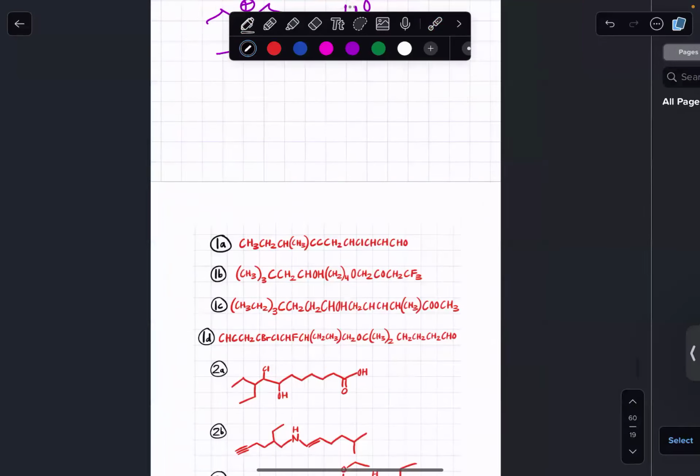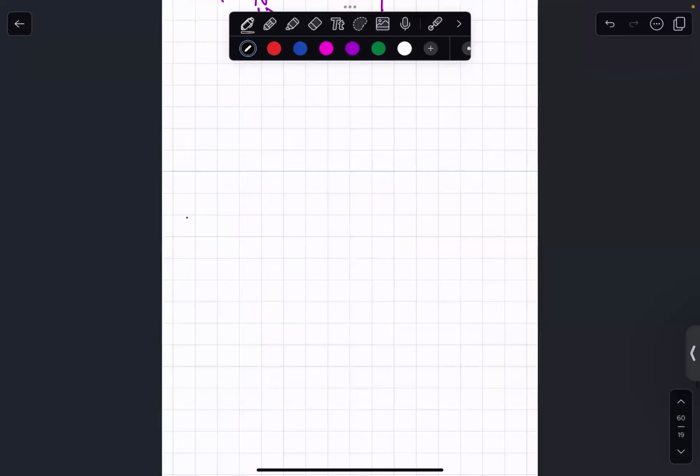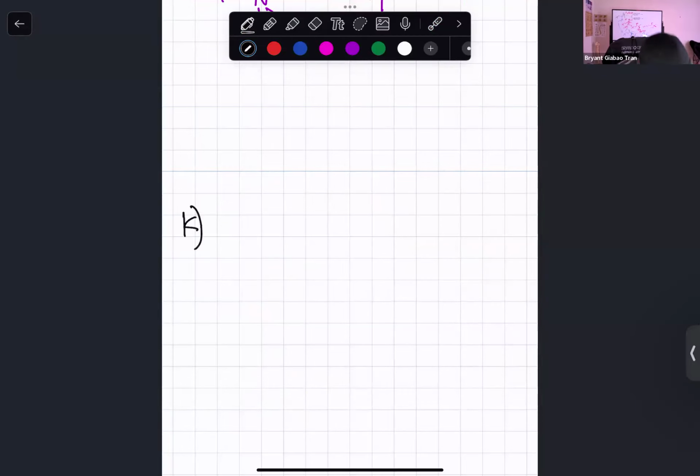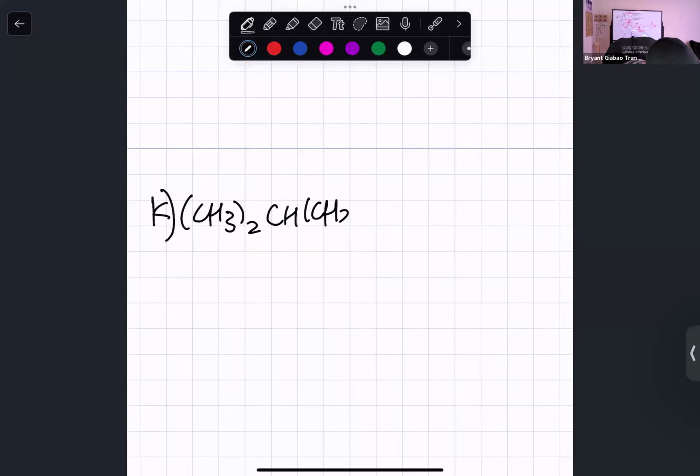J. Last one here. Oh, no, K. So we have a central carbon that has 2 methyl groups attached to it, OCH2CH3, 3.